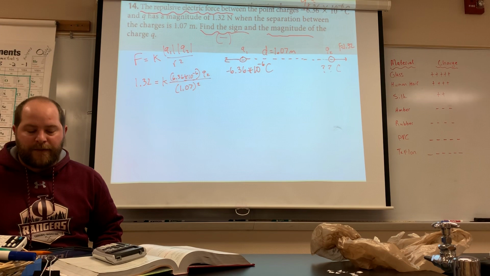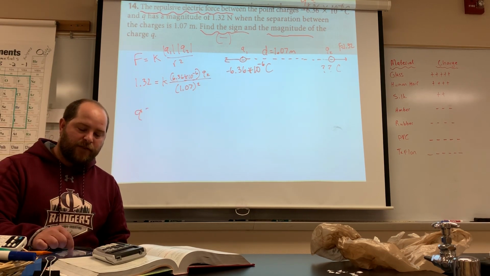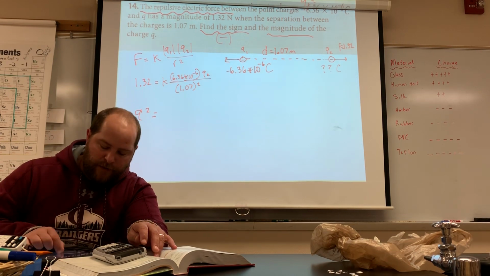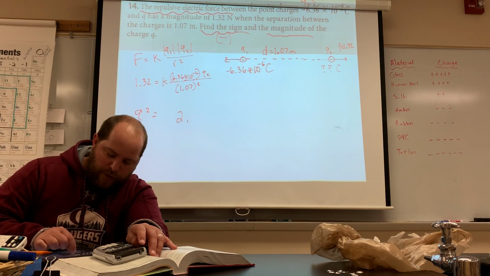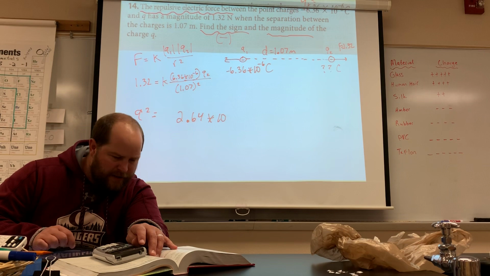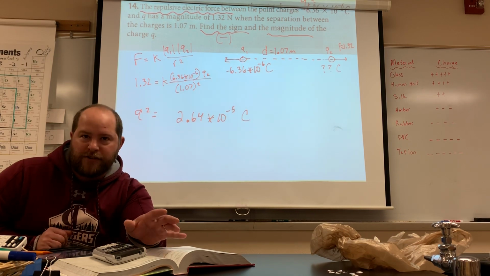Then you solve that for Q. I'm going to save us some time here. You guys know how to do algebra. So Q2 equals, when you solve this, 2.64 times 10 to the negative 5th coulombs. So that's going to be the charge on Q2.